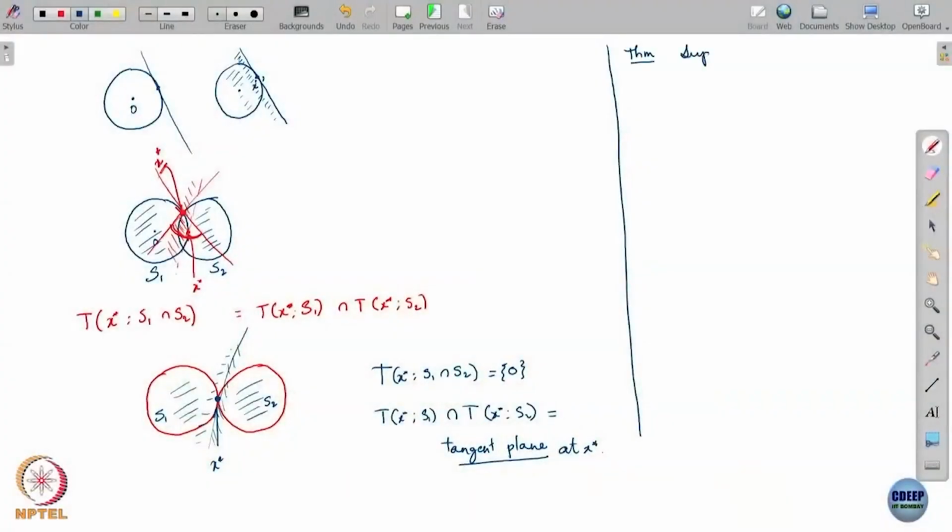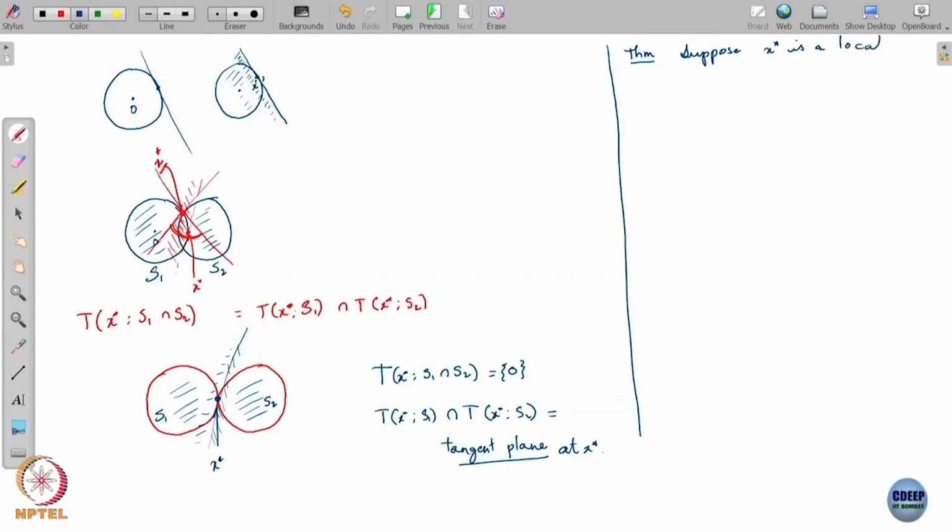Suppose x star is a local minimum of this optimization, minimizing f of x, x in S, then you must have that grad f of x star transpose d is greater than or equal to 0 for all d in the tangent cone.